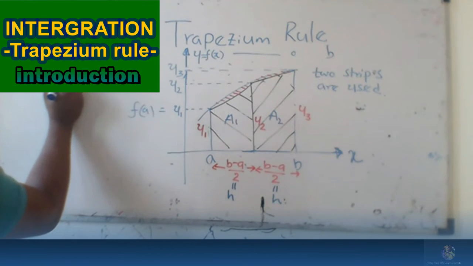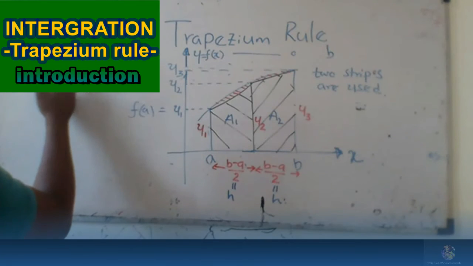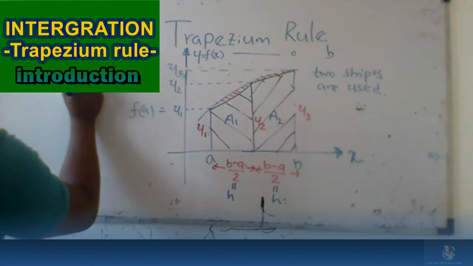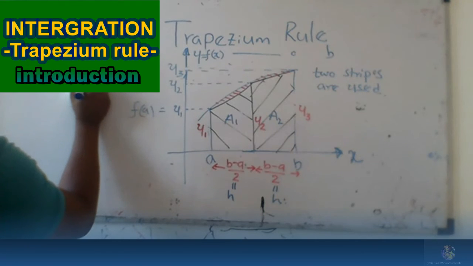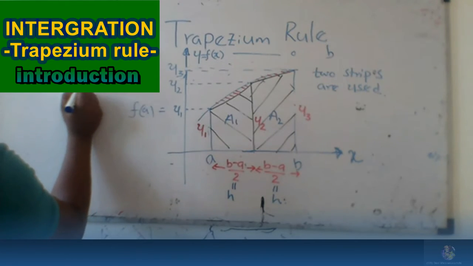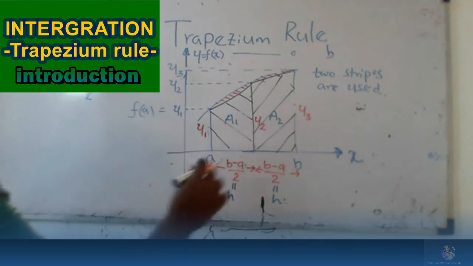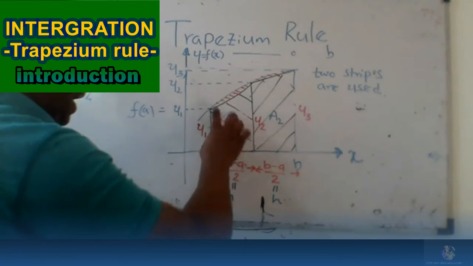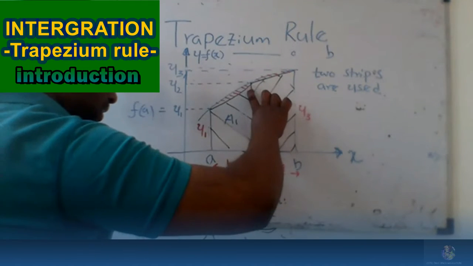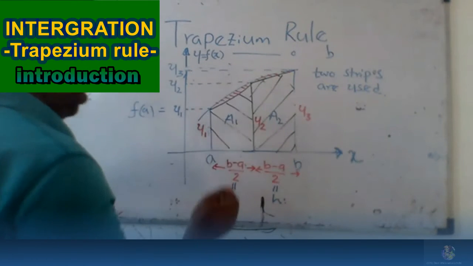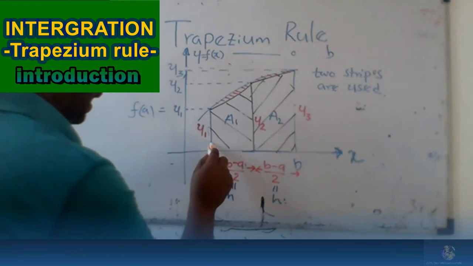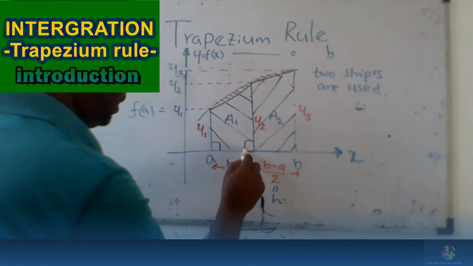Then you can say A1, you know this is a trapezium. Therefore, y1 plus y2 divided by 2. If you have a trapezium, area is the sum of the two parallel sides divided by 2, times the perpendicular distance. Now these angles are 90 degrees.